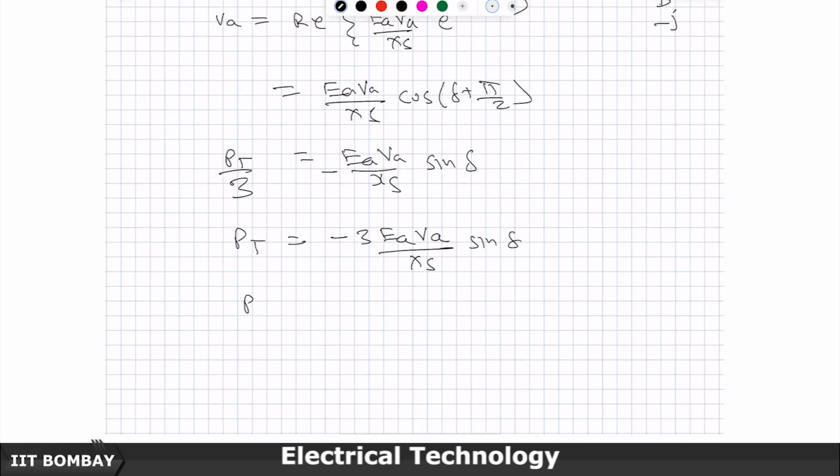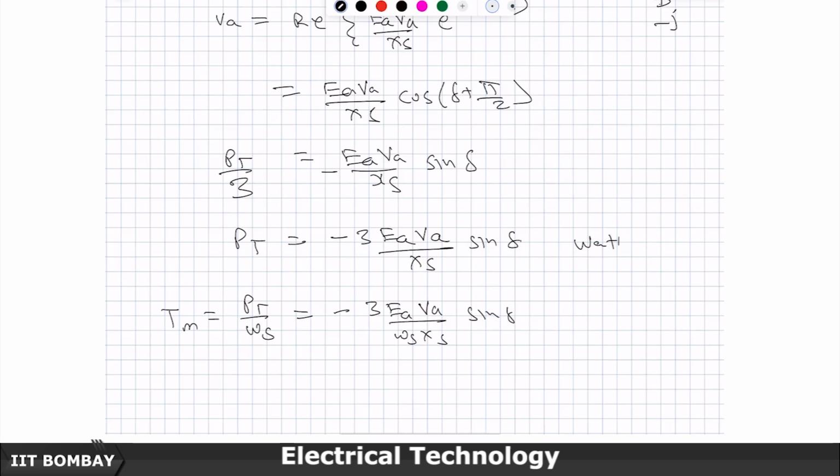And because the synchronous machine is always rotating at the synchronous speed, its rotational speed omega_m is the same as omega_s, for a 2 pole machine. So, therefore, this will become minus 3 E_A V_A by omega_s X_S sin delta.